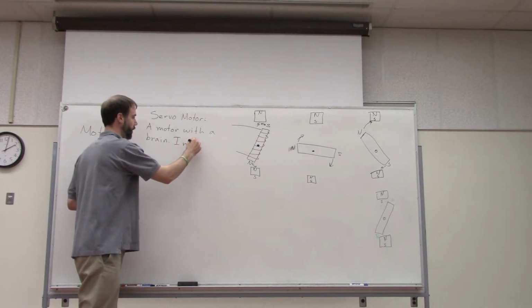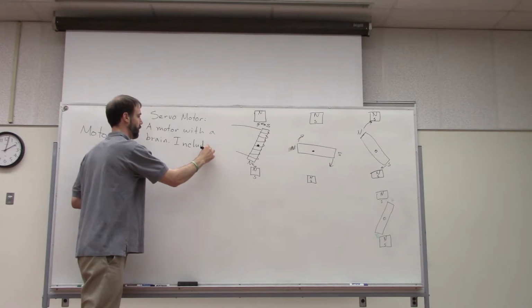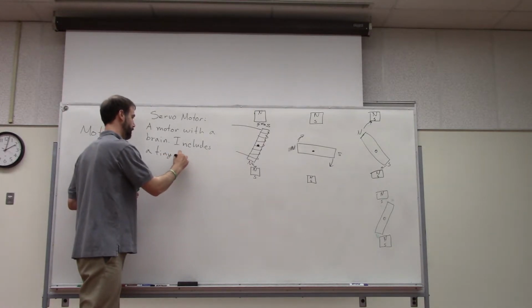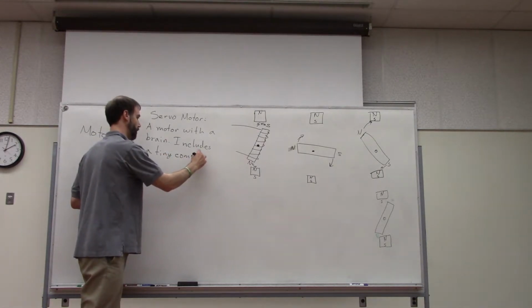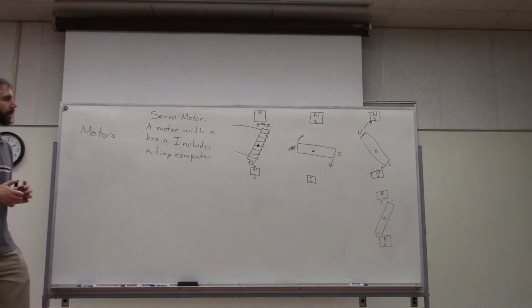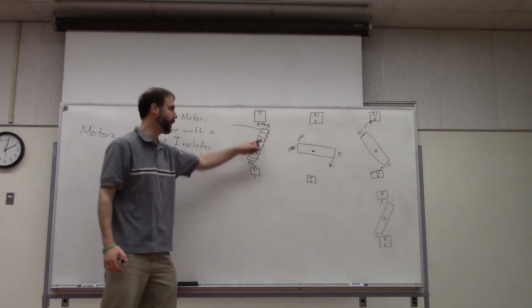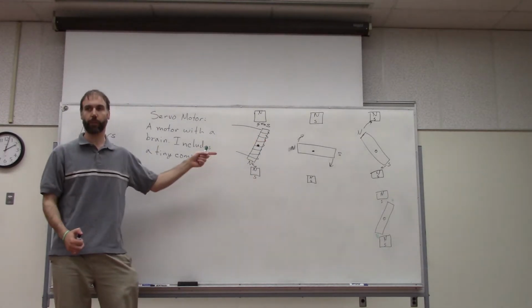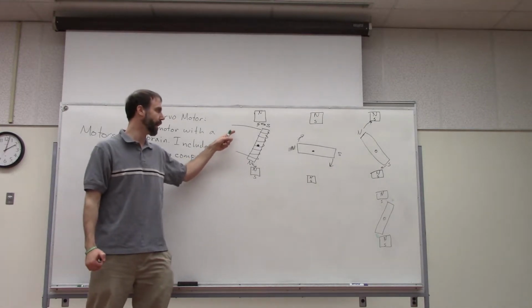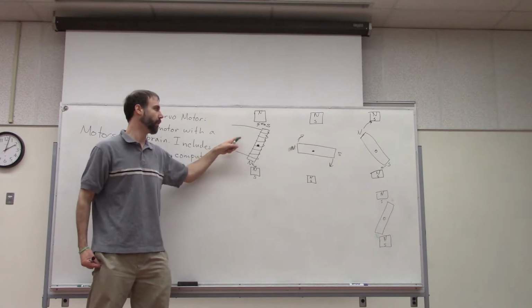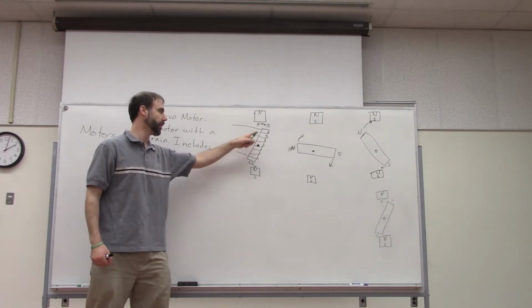It includes a tiny computer. So if we were to try to control the speed of a DC motor like this one, that was not a servo motor, what we would have to do is either increase or decrease the voltage that we were applying to this electromagnet.